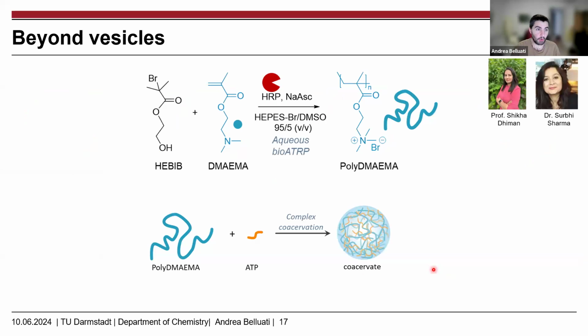Now for something completely different, the concept of enzymatic polymerization to produce artificial cells or cell-like structures, but not vesicles. This has been made in collaboration with the University of Mainz, close here in Germany, where we produce a cationic polymer, this polyDMAEMA, again enzymatically.